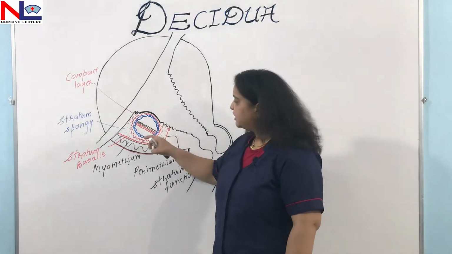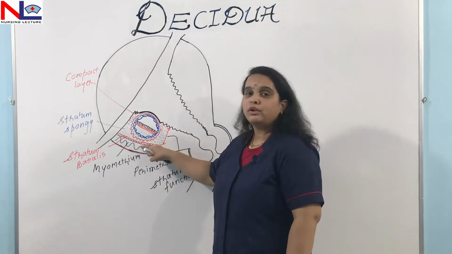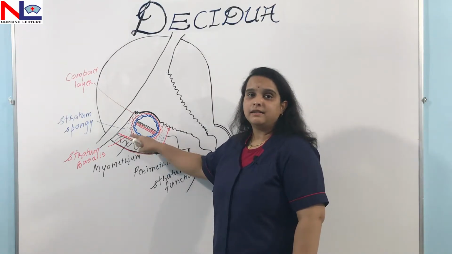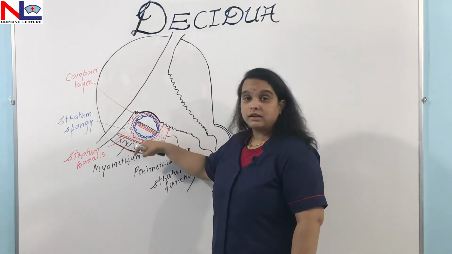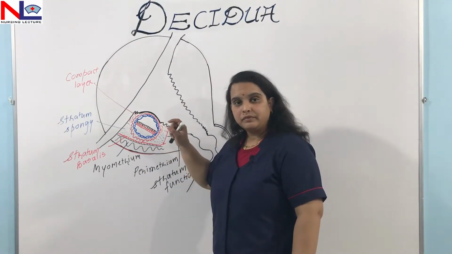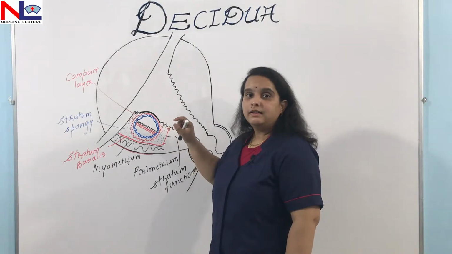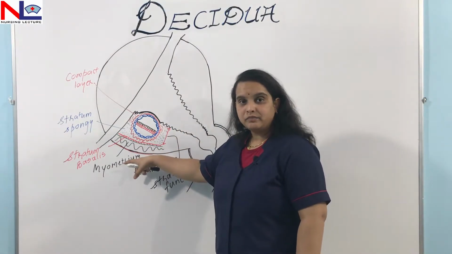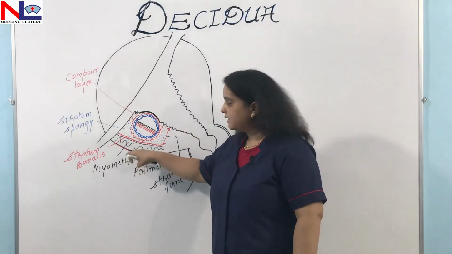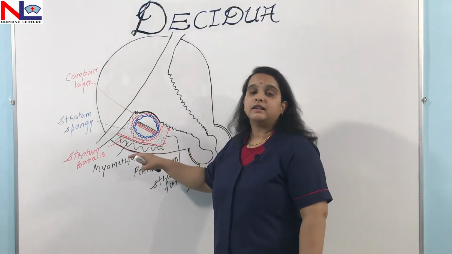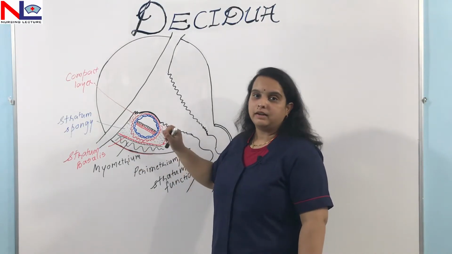But in some conditions, if the blastocyst invades more deeply and involves the basal layer, it creates placenta accreta, and if it goes more deeply and involves the myometrial layer, it is called placenta increta, and if it goes beyond that and crosses the perimetrial lining, the condition is placenta percreta.